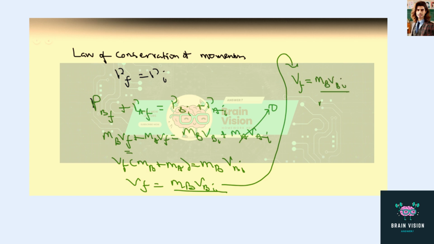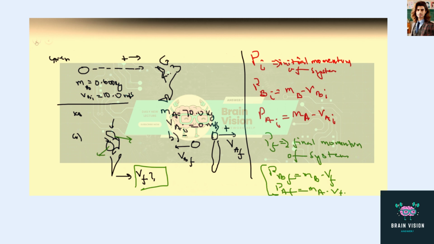Then we solve for the final velocity for both you and the ball by dividing by MB plus MA. I'm going to continue this right here, there's more space. So V final equals MB VBI all over MB plus MA. That should give us the final velocity for you and the ball.